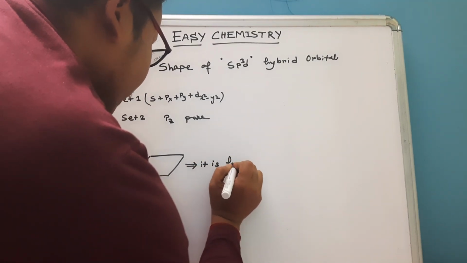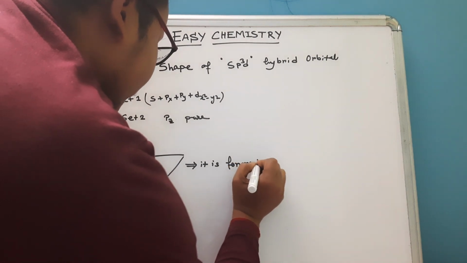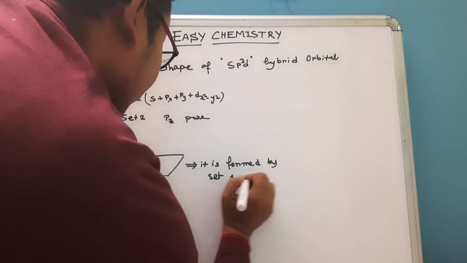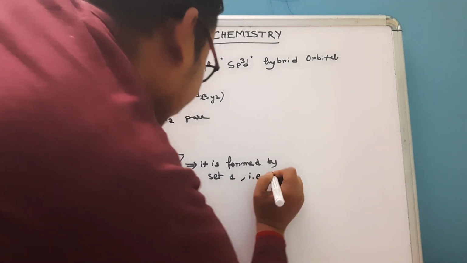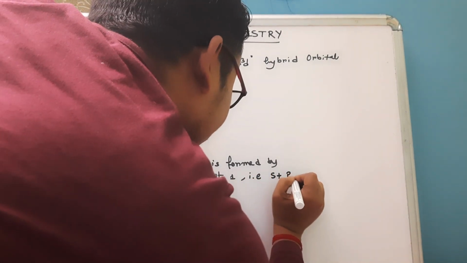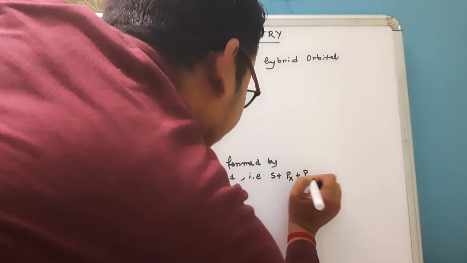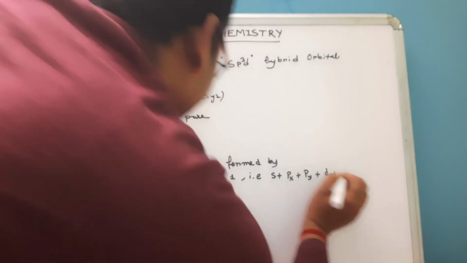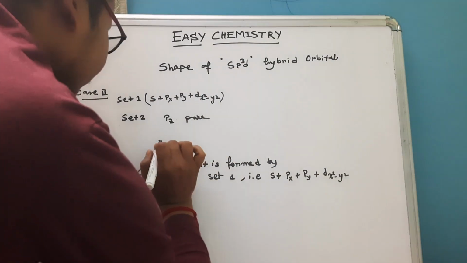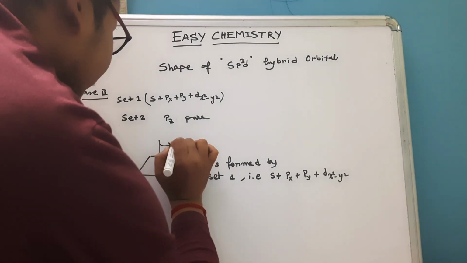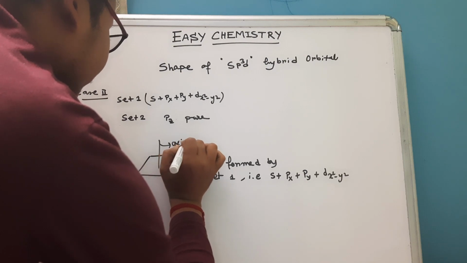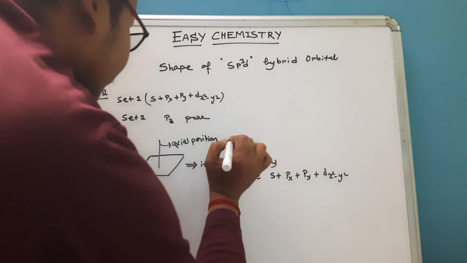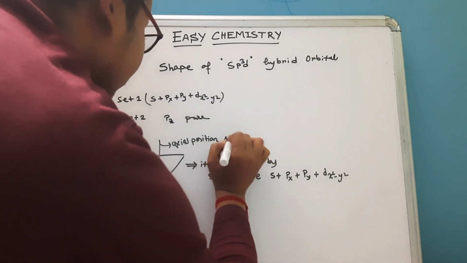What is set 1? That is s plus px plus py plus dx square y square, and the perpendicular line, that is the axial line, the axial position, is set 2.